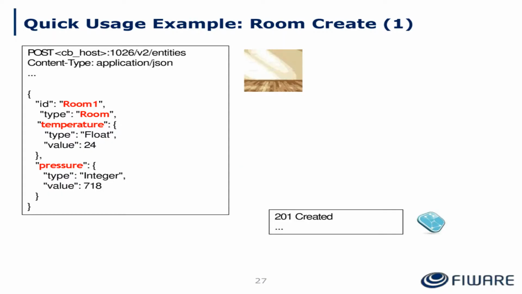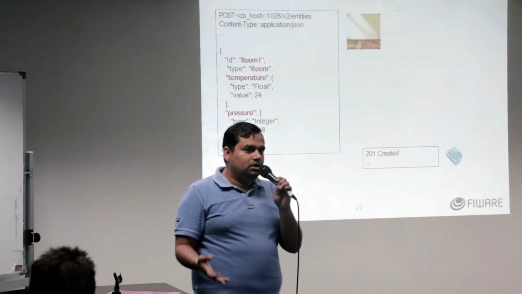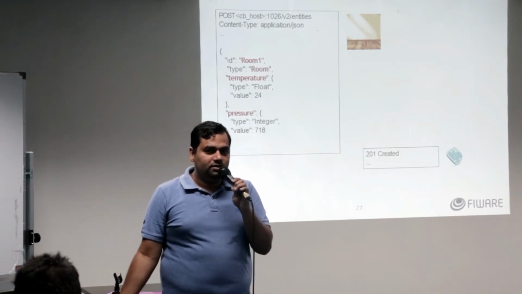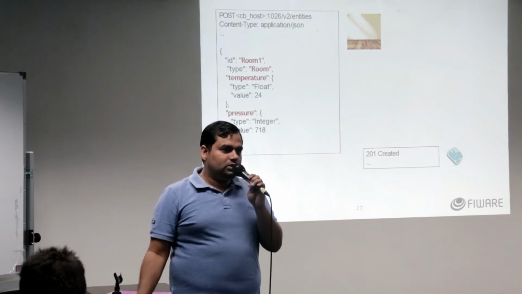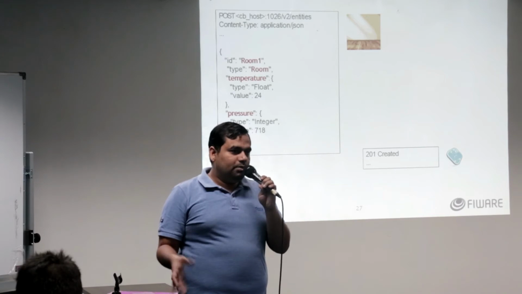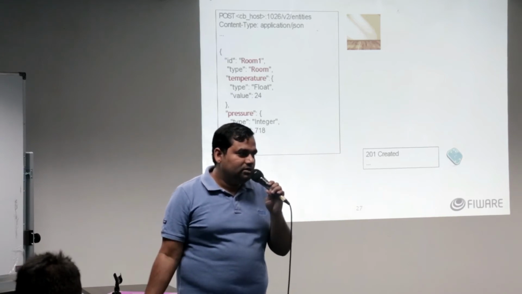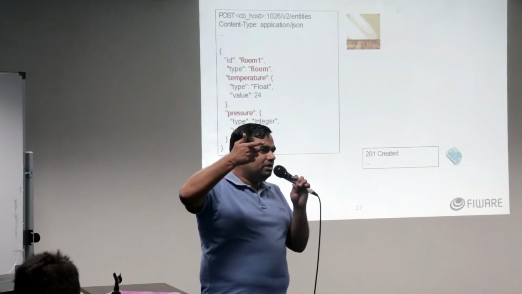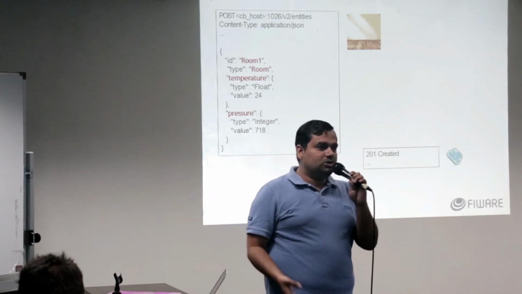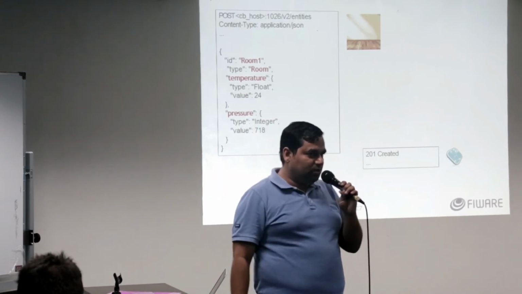Now, I talked a lot about room. So here is an example. The context broker is heterogeneous, which means it can store information from multiple types of entities. It doesn't have to be one type of entity. So you can store the car, you can store the room in the same context broker if you want.